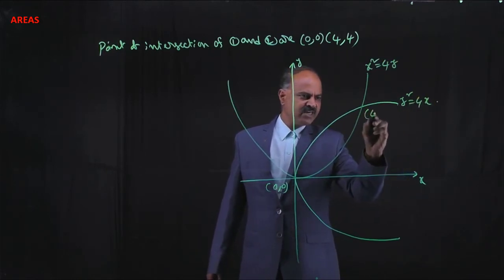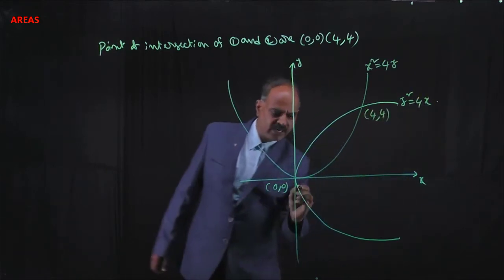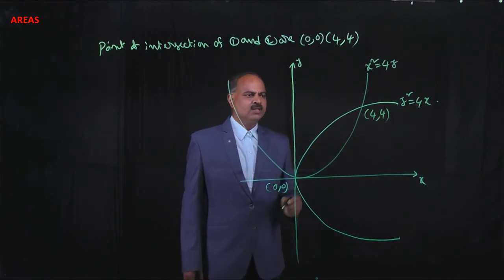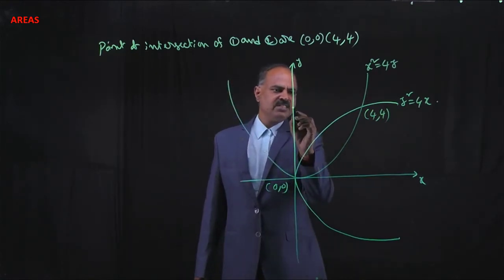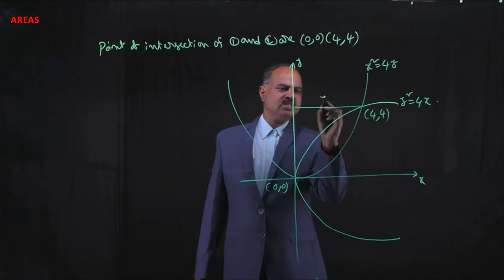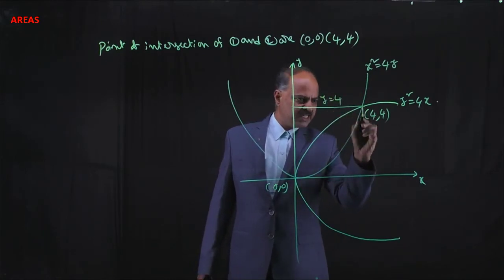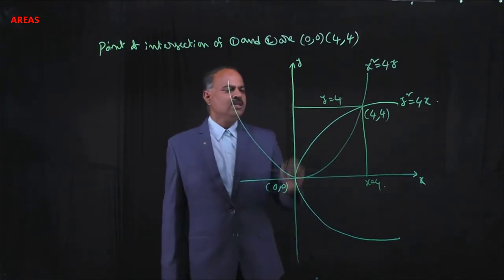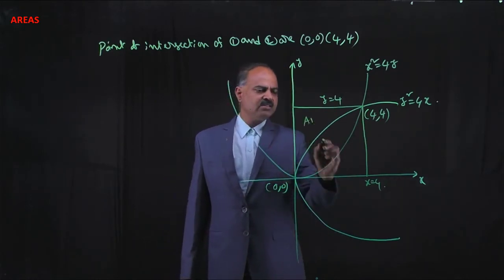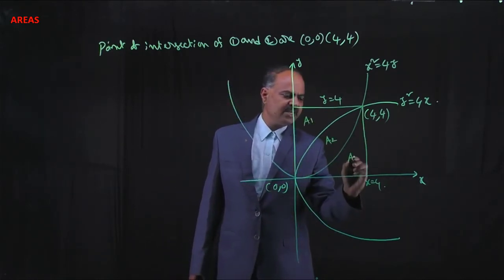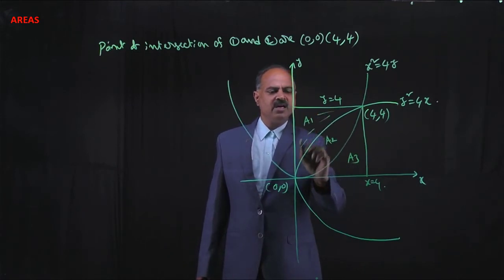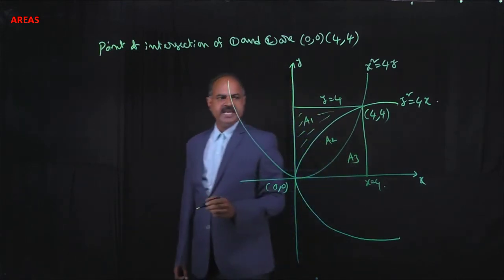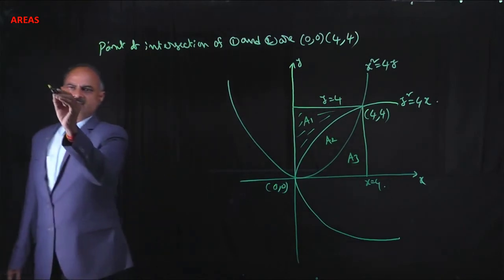So the points of intersection are (4, 4) and (0, 0). Here one line is y equal to 4 and the other line is x equal to 4. So this is A1, this is A2, this is A3.